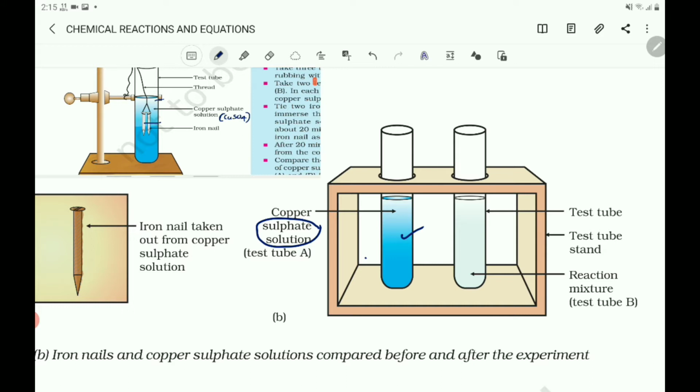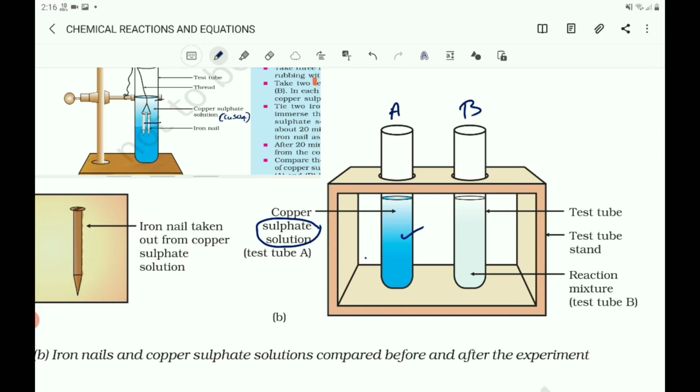See, this is test tube A and test tube B. Initially they are filled with blue copper sulfate solution, and the color of the solution in which the iron nails are dipped is converted into green due to the formation of ferrous sulfate.